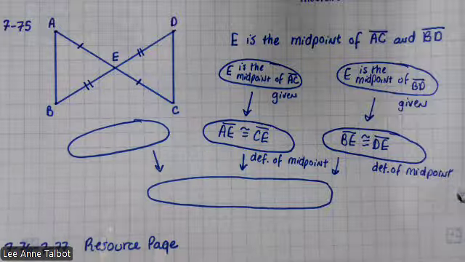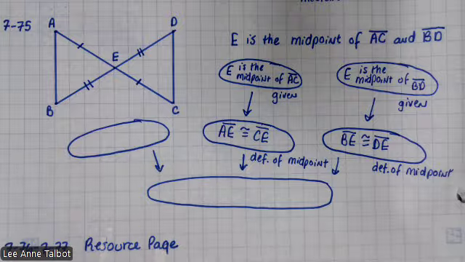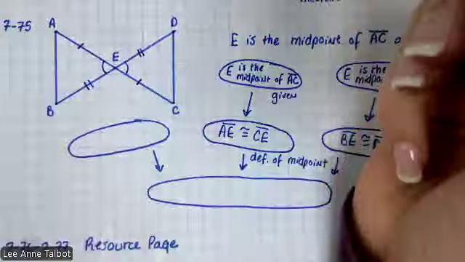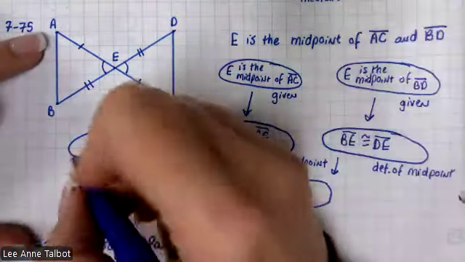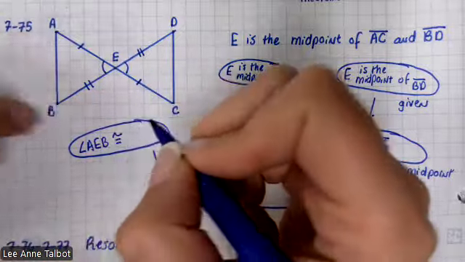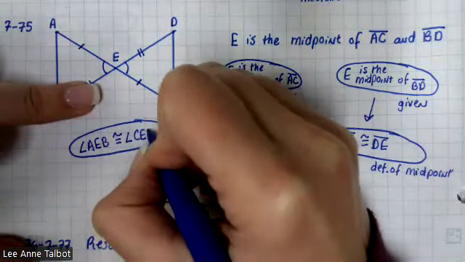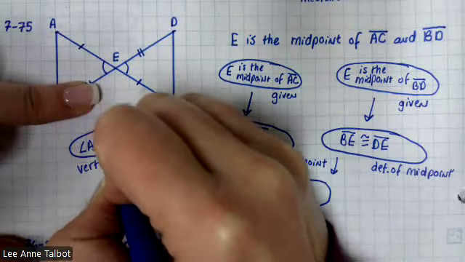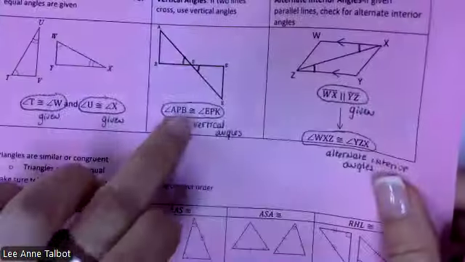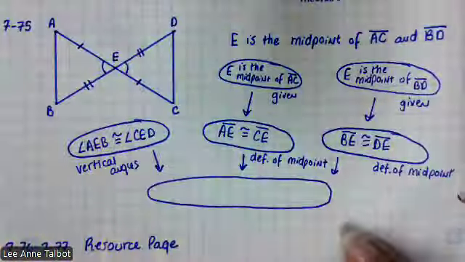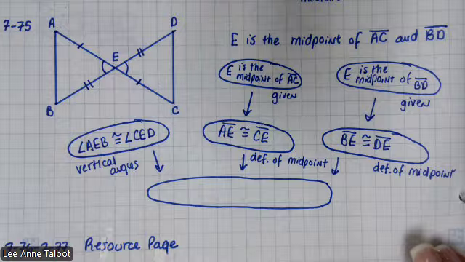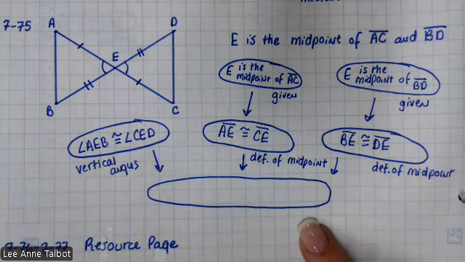Okay. Now, what else is on this picture? Vertical angles. Angle AEB is congruent to angle CED. And if you need an example of that, it's right here. Okay, almost done. Which one of the congruences is this?